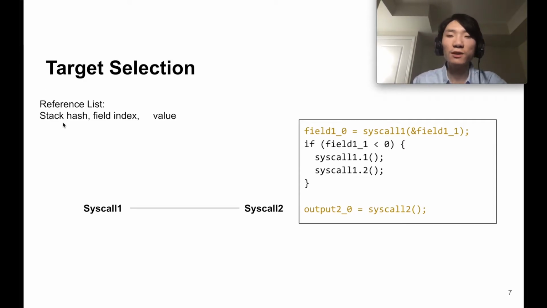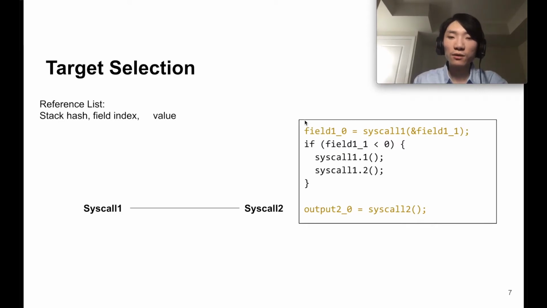Other elements in the reference list include a field index that indicates which output field of the syscall should be mutated, and a value used to fill that output field. Note that a syscall could have multiple output fields. For example, field 10 and field 11 are two output fields of syscall 1.